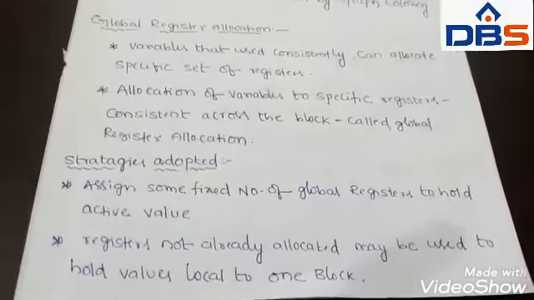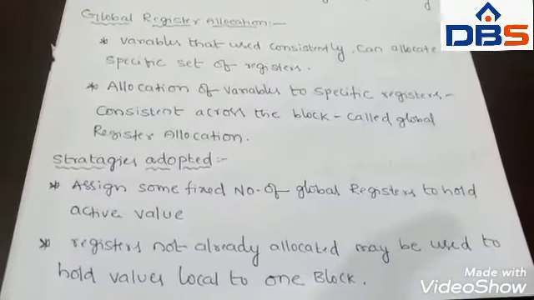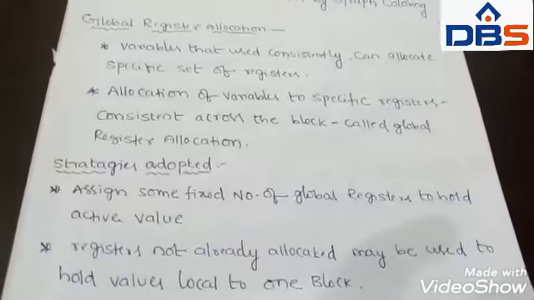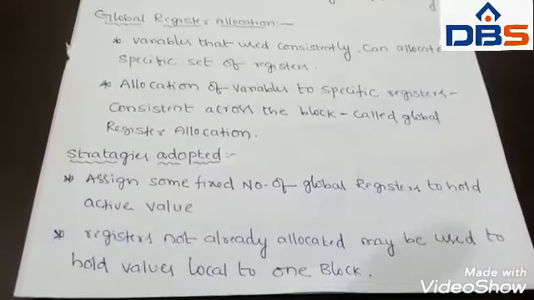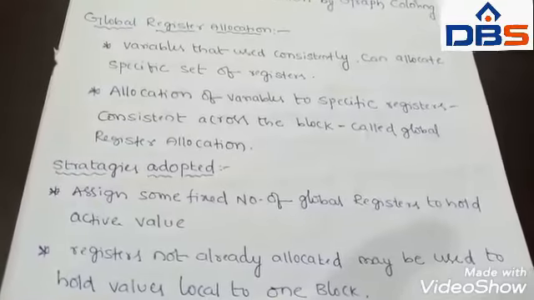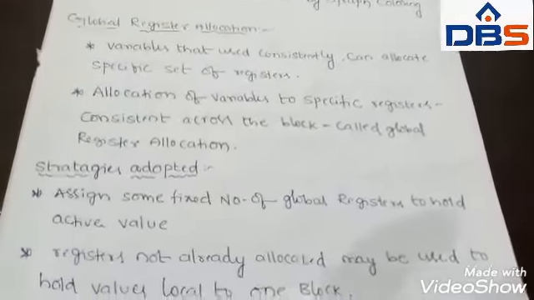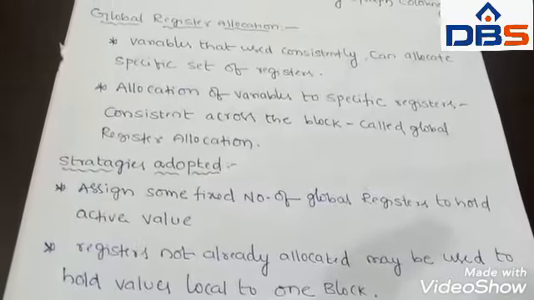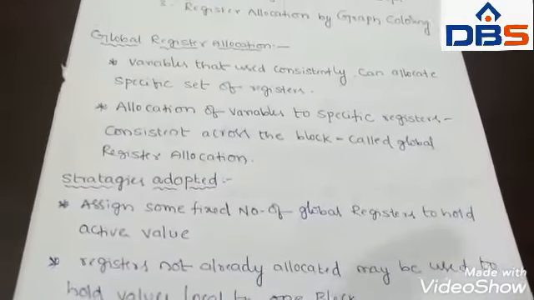Another strategy is to assign some fixed number of global registers to hold the most active values in each inner loop. The registers not already allocated may be used to hold values local to one block. In certain languages like C or Bliss, the programmer can do the register allocation by using register declarations.